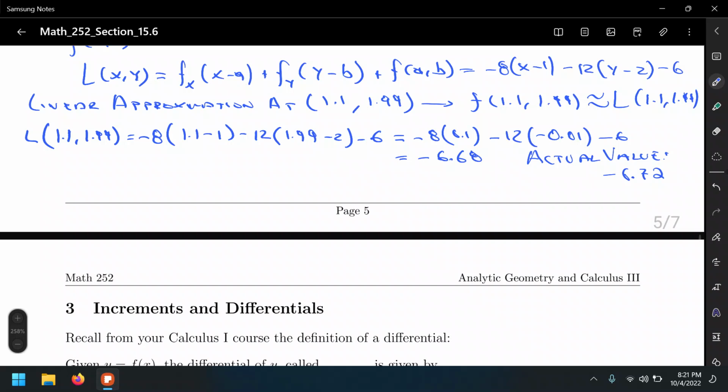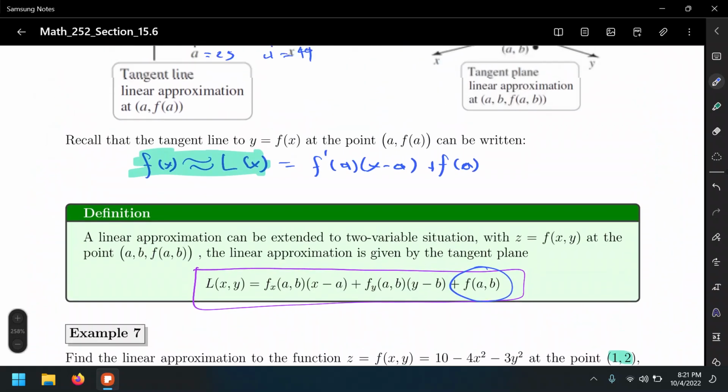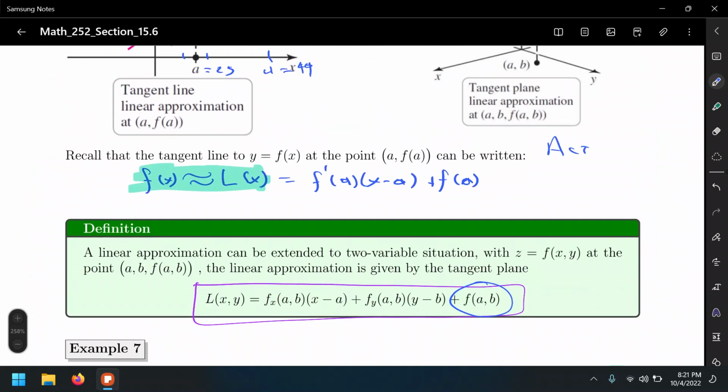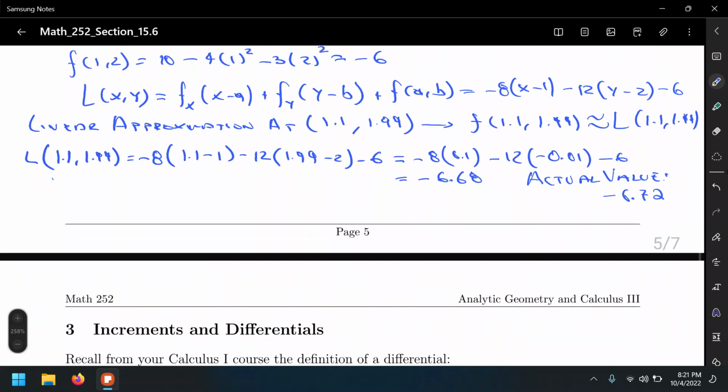Well, we're looking for these increments. First of all, let's go back to the Calc 1 idea. For the actual value, that would have been f(x plus delta x) minus f(x).